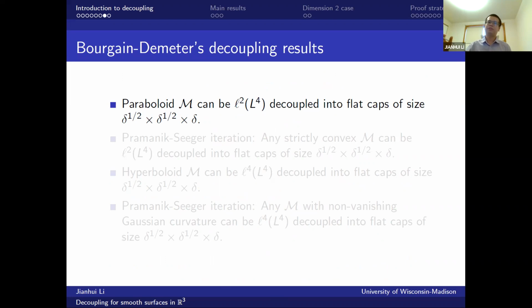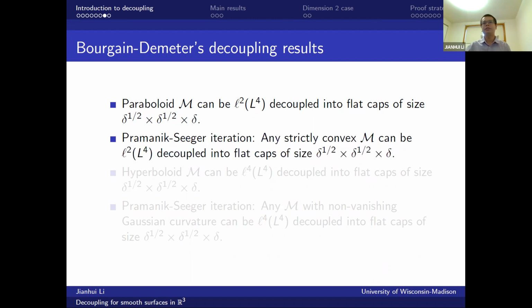So let's look at some of the well-known decoupling results. This result will be used as a prototype of our proof. So in Bourgain-Demeter's decoupling result, they consider the paraboloid, and the paraboloid can be decoupled into these flat caps. You can check these are the flat caps for the paraboloid. We always consider the truncated paraboloid.